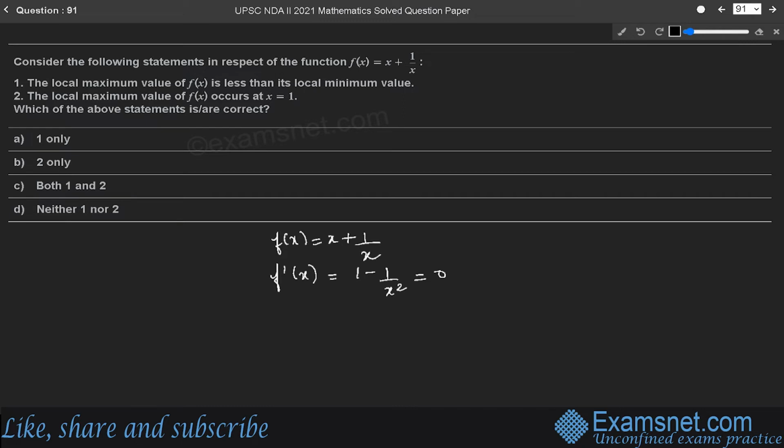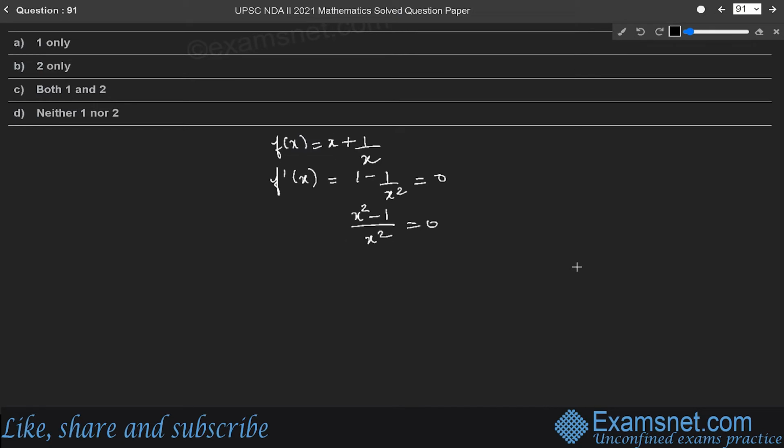On further solving, it will be x square minus 1 upon x square is equal to 0. And x square will be equal to 1 and x will be equal to plus minus 1. So we have got the two values for x. Therefore, we can say that we have the critical values, which are -1 and +1.